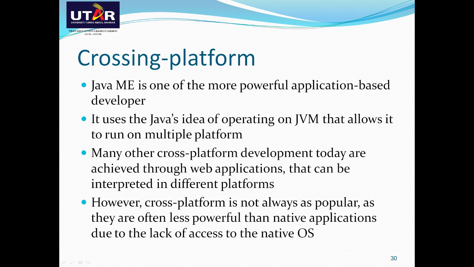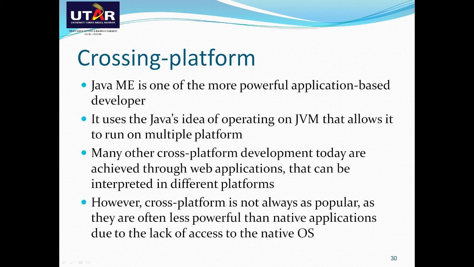Java ME is an application-based cross-platform technology where the users write proper applications. Because Java can run on JVMs, as long as we install JVMs in the target devices, they can run the applications without problem. Many cross-platform developments in modern day, however, use a different idea, where the UI designs are generally web-based.